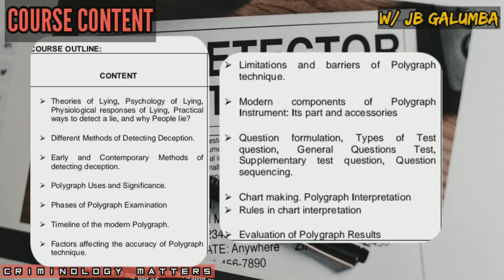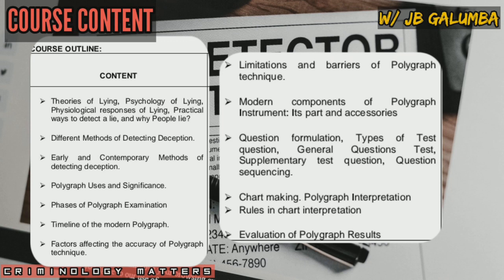Nowadays, they have included a lot of components that also record other physiological changes that are transpiring in our body, aside from breathing, skin resistance, and blood pressure. We have sensors for movement, and sensors for other activities in our body that are already being used. So we are going to be discussing those advances in the polygraph machine.